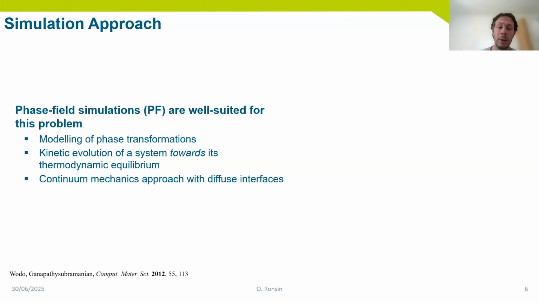And it's very important to notice that it's a continuum mechanics approach, which is necessary if we want to handle the time and length scales we have in the problem. And thereby the many interfaces we'll have in the system are handled as diffuse interfaces, which is numerically much easier than handling sharp interfaces.